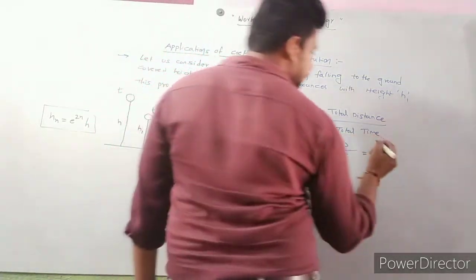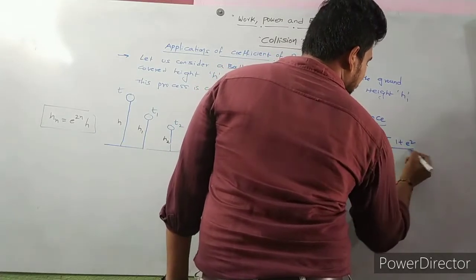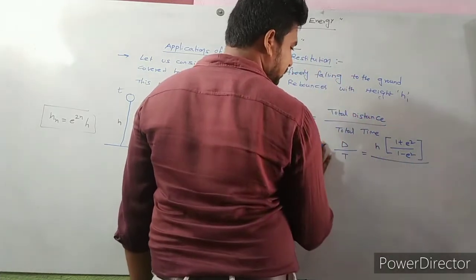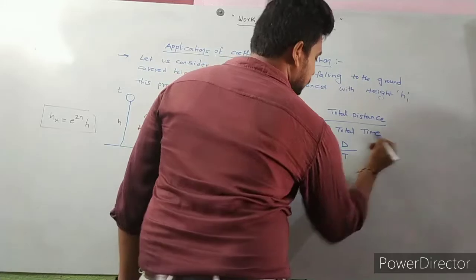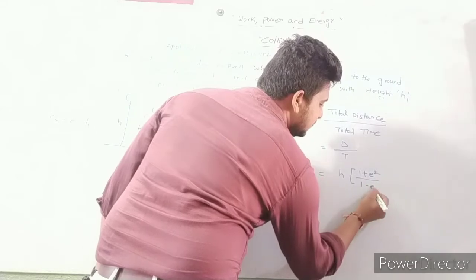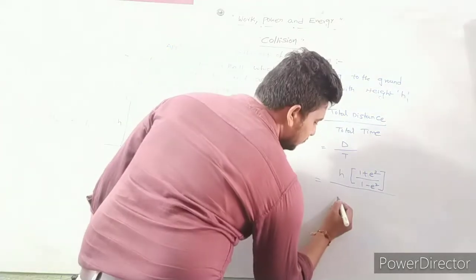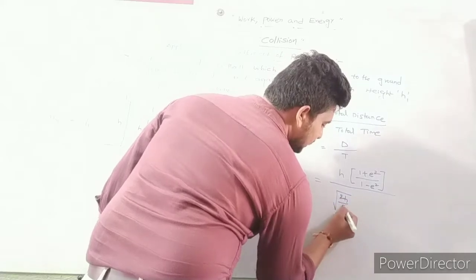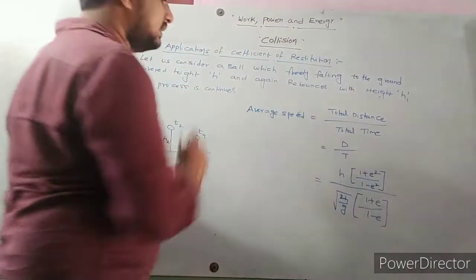The total distance we already got: d is equal to h into (1 plus e square) by (1 minus e square). The total time is root of 2h by g into (1 plus e) by (1 minus e). So this is the average speed formula.